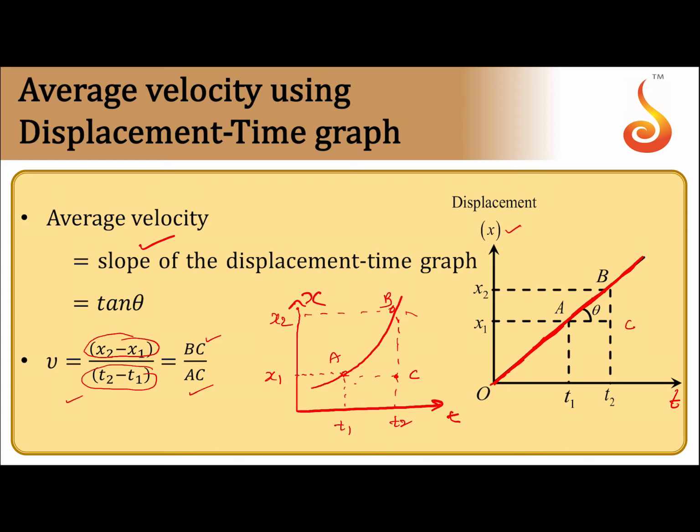So now if you want to calculate the slope for this entire thing, in the case of the dotted line, this is what I consider. So this is going to be tan theta. While in the case of a straight line, it is pretty simple. Theta is the angle here. Thus, in the case of average velocity, we can calculate it numerically or we can calculate it graphically. Average velocity is the slope or tan theta, which can be calculated like this.